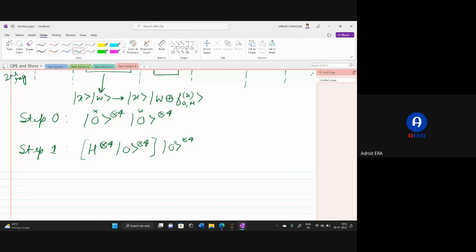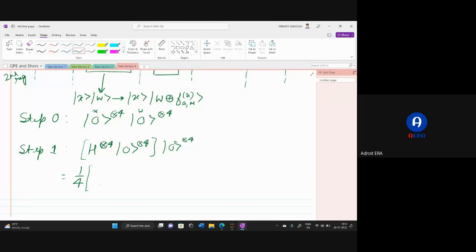In the x register we are applying the Hadamard, and once we apply it to 4 qubits, then you are going to achieve the superposition of all the 16 states, right? Because 4 qubits is 2 to the 4, which will be 16, right? I'm not going to write all the 16, because that is not the thing here. I'm going to write them later on actually. So let us just write them in short.